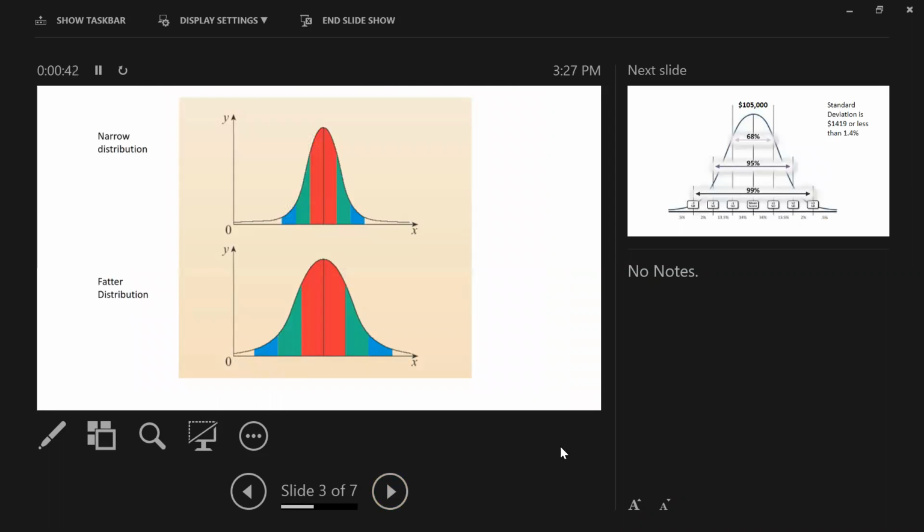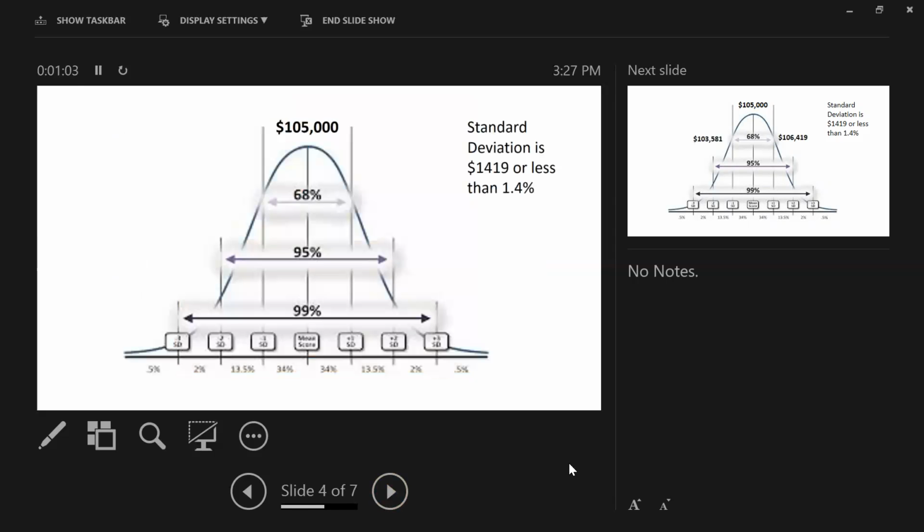If we look at this distribution here, we see that this is a narrow distribution and this is a fatter one. This would be indicative of a very low standard deviation or a more normal standard deviation. And of course, it could be quite wide to the extent that we are uncertain about the value. If we go back to our $105,000 conclusion and we go out 68% in each direction using a standard deviation of just 1419, here's what happens.